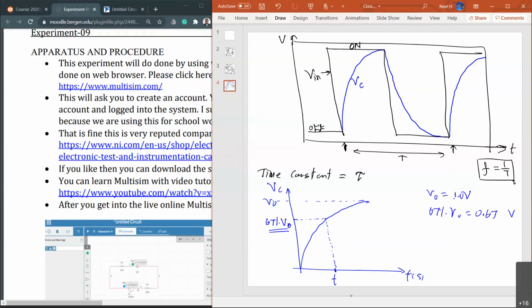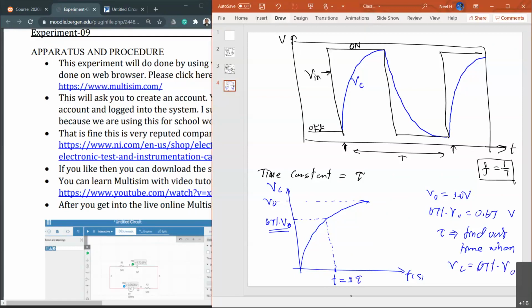If you measure that time, that should be equal to 1 time constant, 1 tau. So you can measure tau just by finding the time when VC is equal to 67%, or 0.67, of V0.